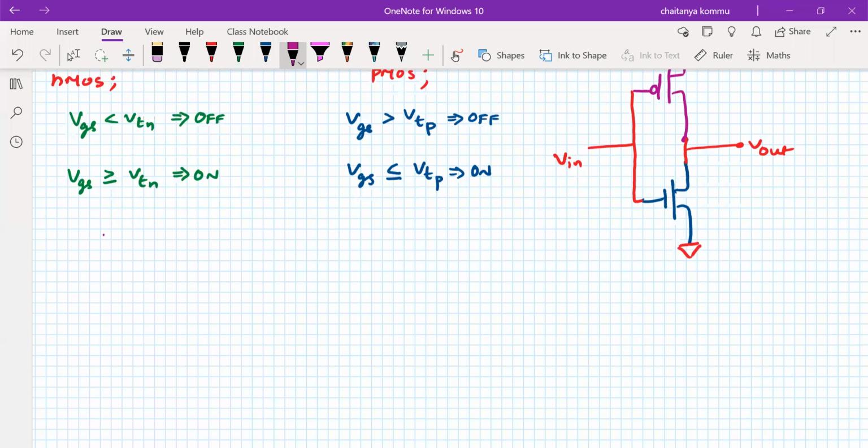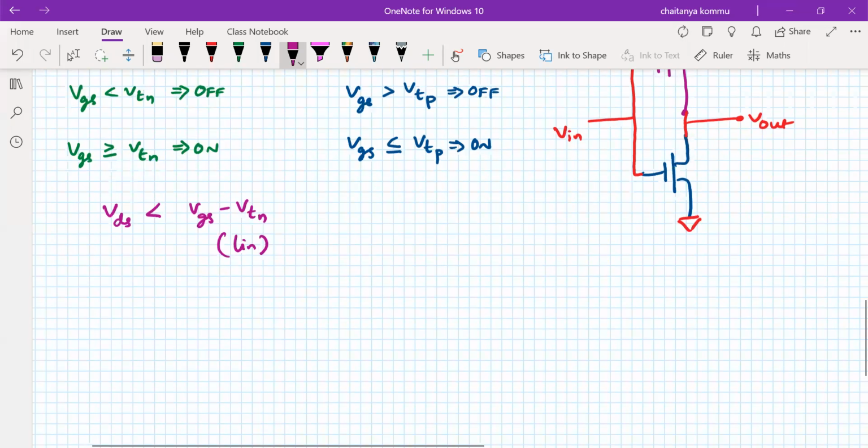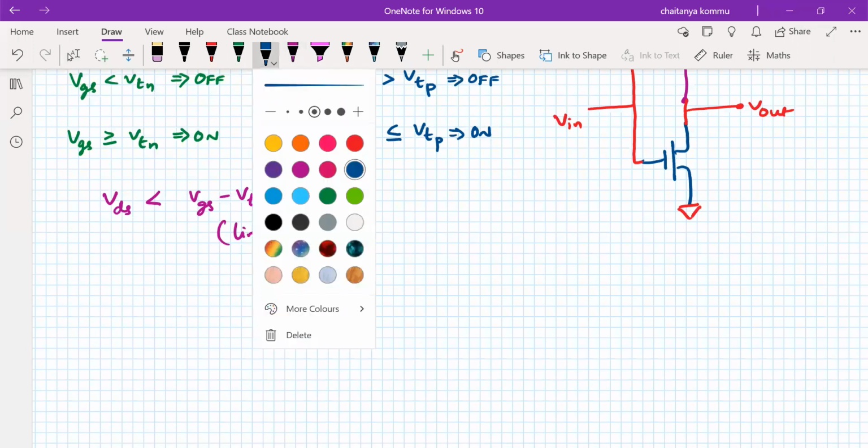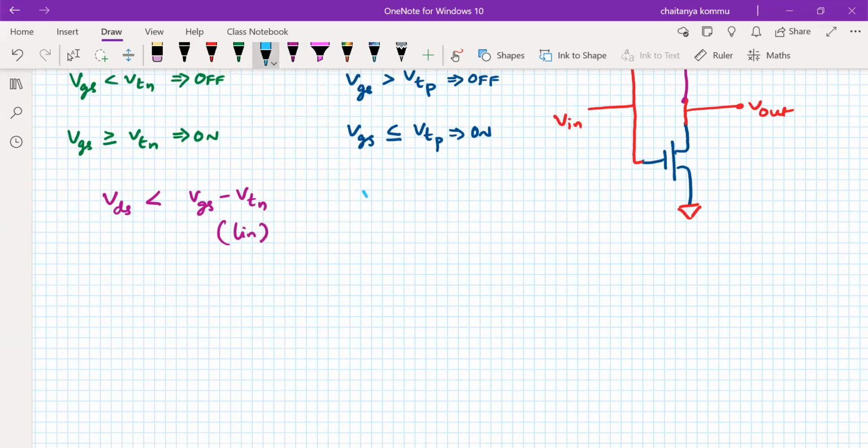When it is in linear and when it is in saturation: when VDS is less than VGS minus VT, we say that it is in linear, as everybody knows. But here things are different. For the PMOS, VDS is greater than VGS minus VTP.